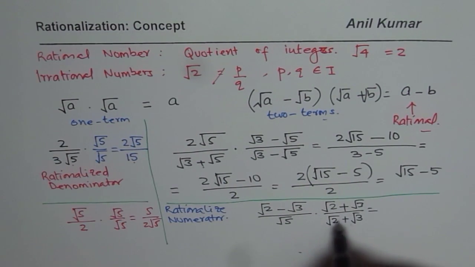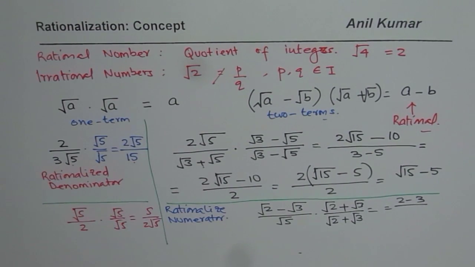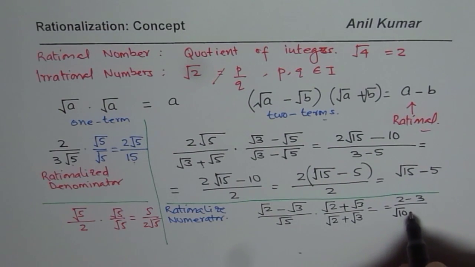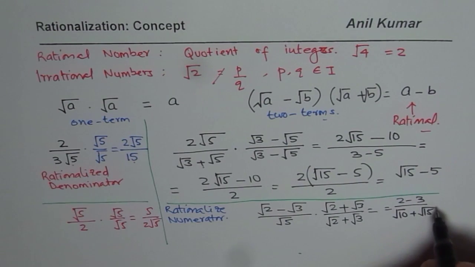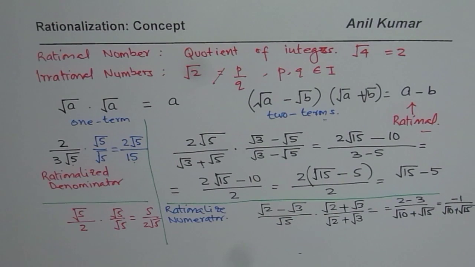So what we get here is 2 minus 3 divided by, when you multiply by square root 5, square root 10 plus square root 15, correct? Which of course is minus 1 over square root 10 plus square root 15. You get an idea. So that is what rationalization is.